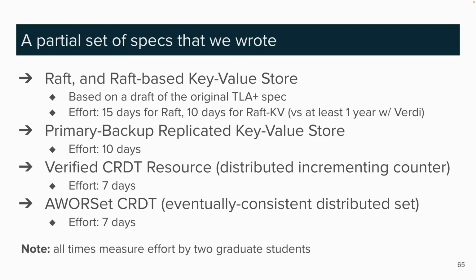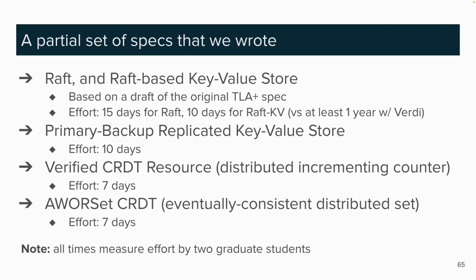We also specified a few other things. So we've got a primary backup replicated key value store. We've got a verified CRDT resource, which is our proof of concept for a resource whose implementation is generated by Pico. And we also have our CRDT resource, which is handwritten, but follows the resource API and is a non-trivial resource implementation for eventually consistent distributed sets.